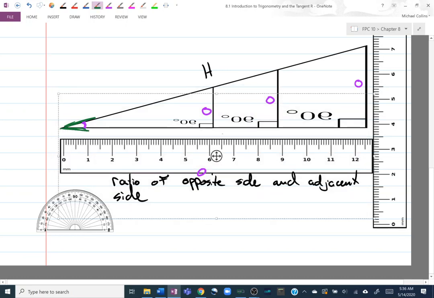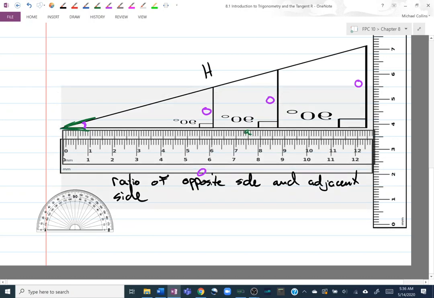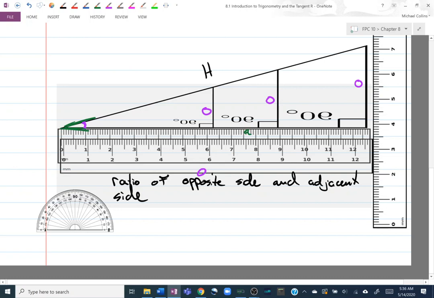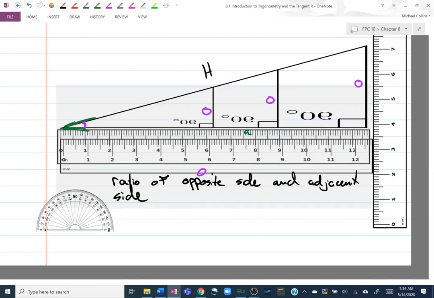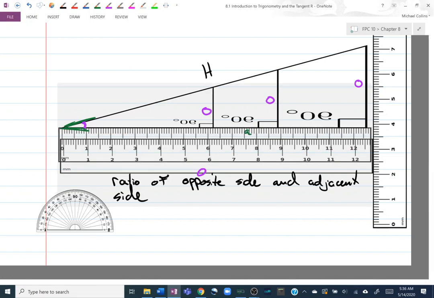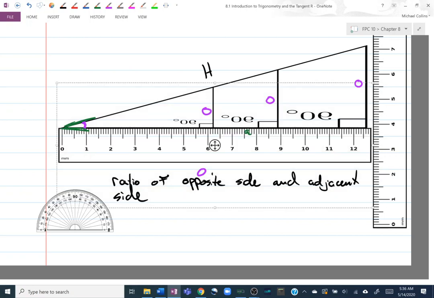So I actually have three adjacent sides along here, but I'm just going to write one because they're all kind of overlapping. And now I can't remember where that ruler goes, but we'll do our best to stick it back where it went and line it up. That should be pretty close.